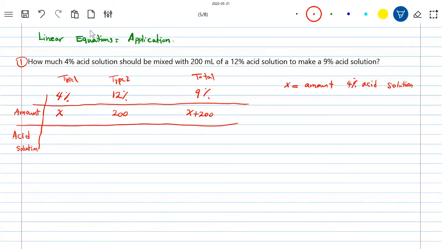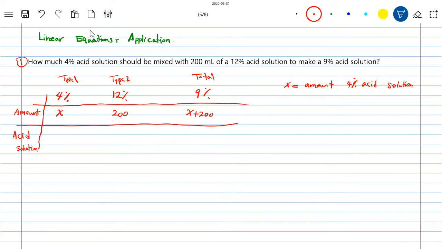How about the amount? The amount of 4% acid solution, we have x amount, that's the variable that we do not know and we're looking for. The amount of type 2 is given, 200 milliliters. In total, the amount of mixture that you will get is the 200 milliliters plus whatever amount that you add from the 4%. So the total amount is x plus 200.